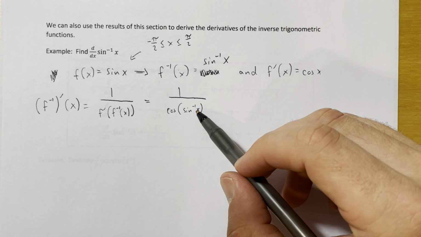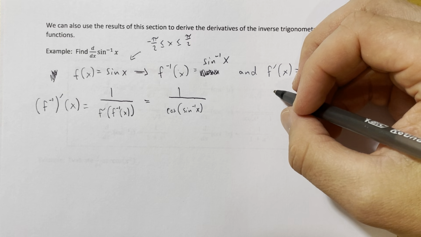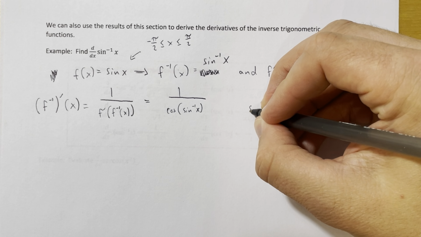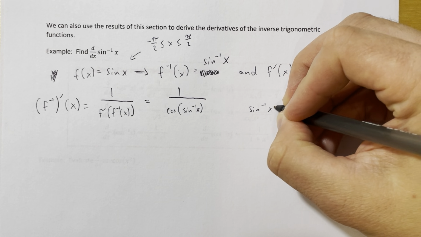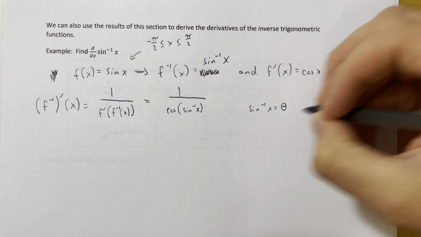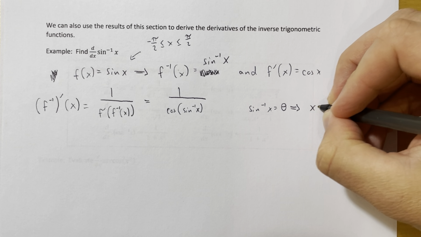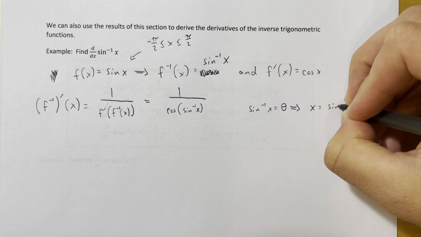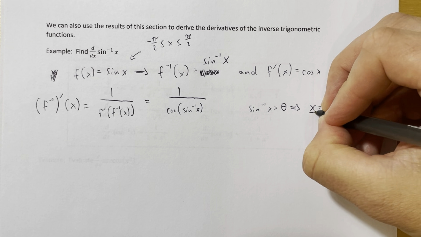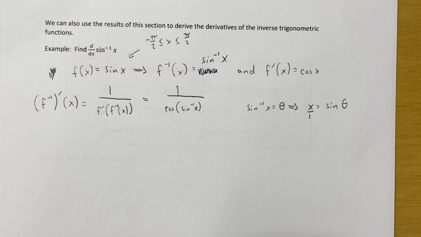So I'm going to take this inverse sine of x and think of it as the angle theta, which implies that x is equal to sine of theta, or I could also write that as x over 1. Because when we first learn about the sine function, we're taught to think of it in terms of opposite over hypotenuse, as a ratio.